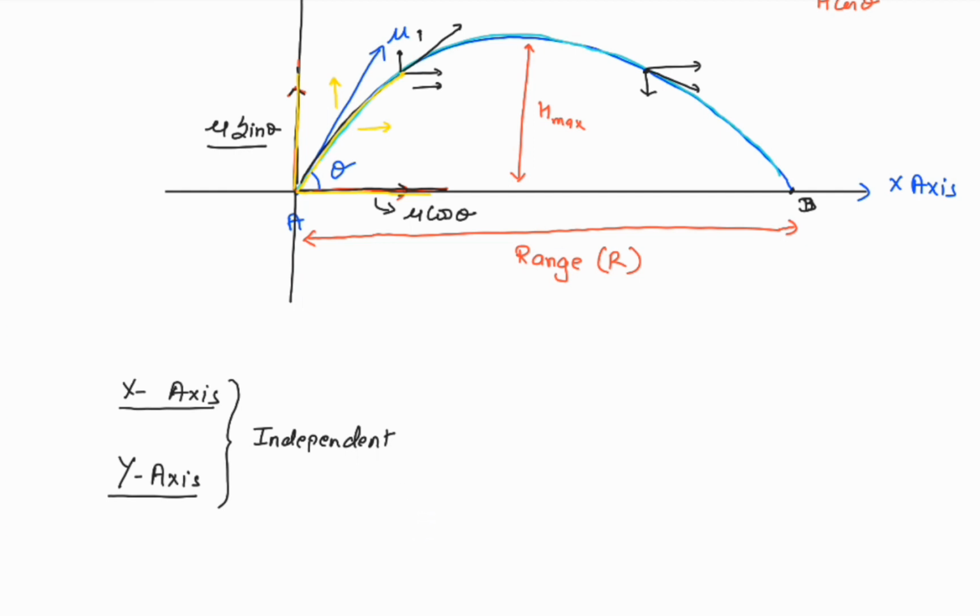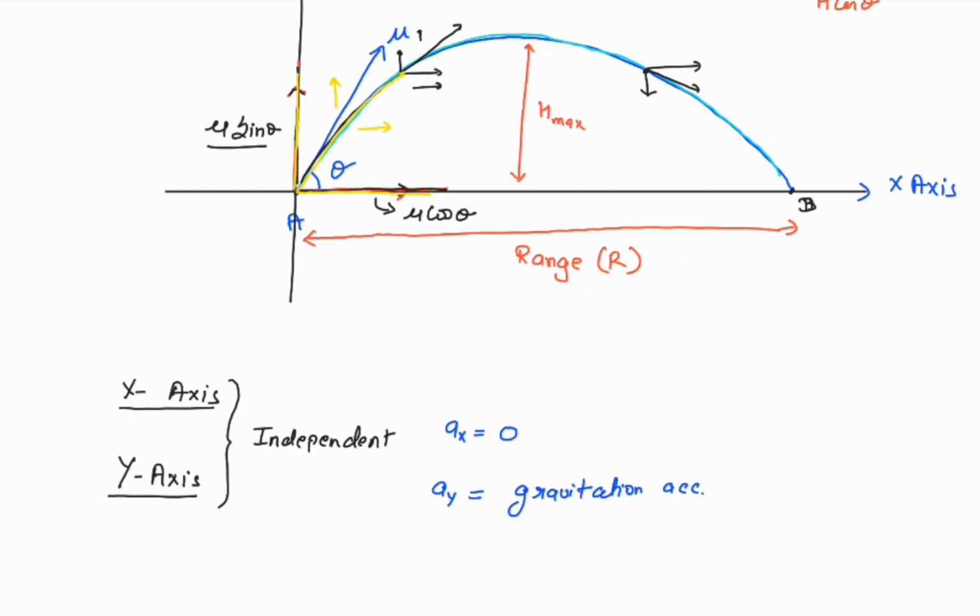It means when the projectile is moving, the acceleration is in y, which is g, the gravitational acceleration, and there is no acceleration present in the x-axis.